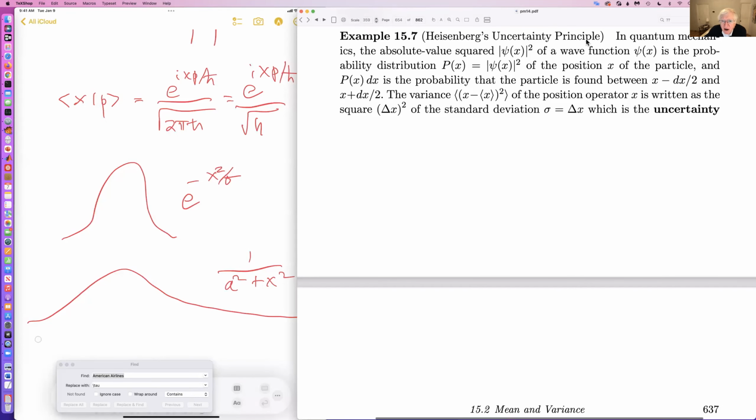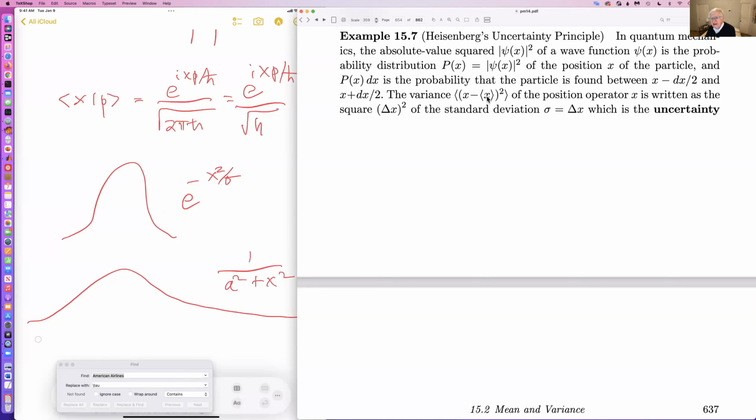Okay. All right, so in quantum mechanics, the absolute value squared of a wave function is the probability distribution of the position x of the particle, and p of x dx is the probability of the particle being found within dx of x. And the variance, of course, is written this way. It's almost as many symbols as that.